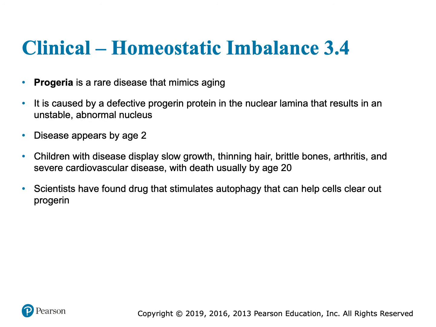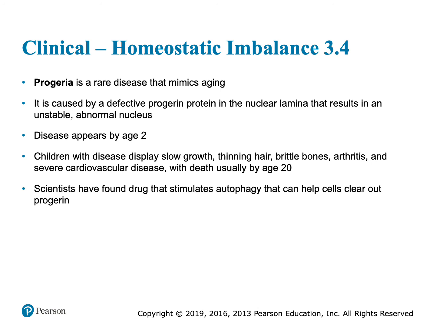This is an example of what happens when you get a defective protein. You probably have heard of progeria. It makes people look old when they're just kids. And so this protein is very important for normal growth, for healthy body, healthy hair.